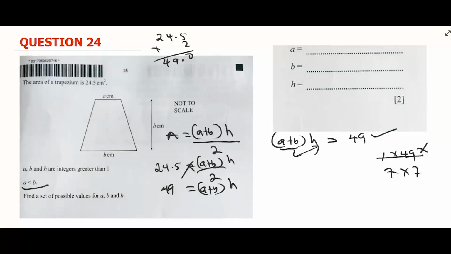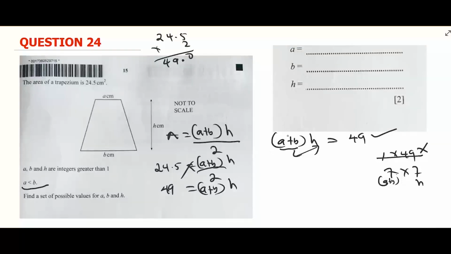So this one is out. So we have 7 times 7. So one 7 will be for A plus B, and this 7 will be H. So that means we need two numbers that add up to 7, and then H is always 7.